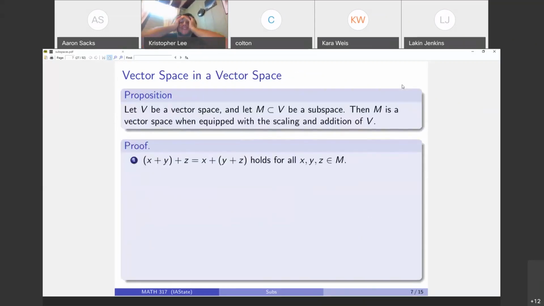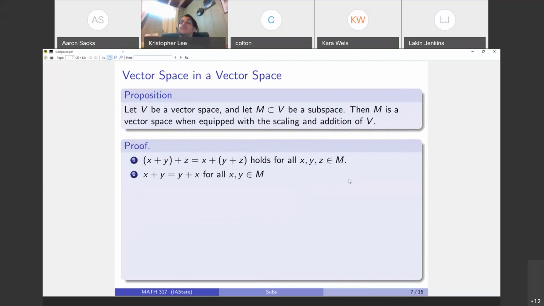All right, so as promised, every subspace of a vector space becomes a vector space in its own right by taking the scaling and addition we already have access to and simply applying it to M. Now, since you're a subspace, that means scaling and adding keeps you within M, so those operations exist. We just need to now verify that it satisfies the 8 conditions in order to be a vector space.